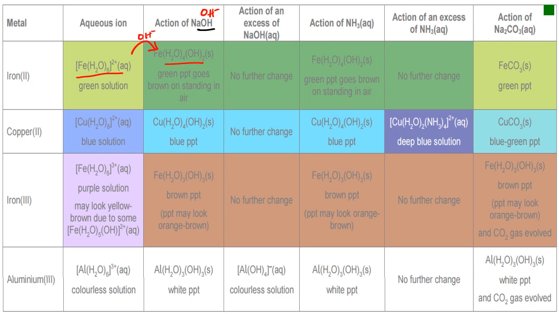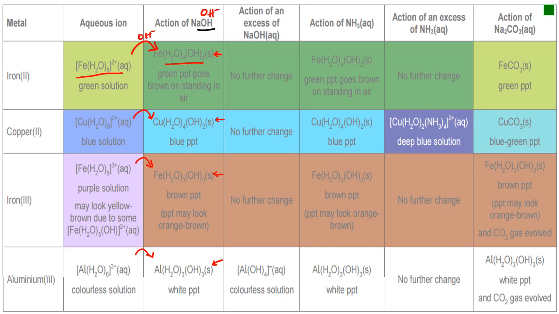So that's a hydrolysis reaction, and when we do that for each one, so for iron 2, for copper 2, for iron 3, and for aluminium, all four of those hydrolysis reactions result in a hydroxide. So this one here is iron 2 hydroxide, this one here is copper 2 hydroxide, this one here is iron 3 hydroxide, and of course this one here is aluminium hydroxide. So that's what we get when we've added our hydroxide ions.